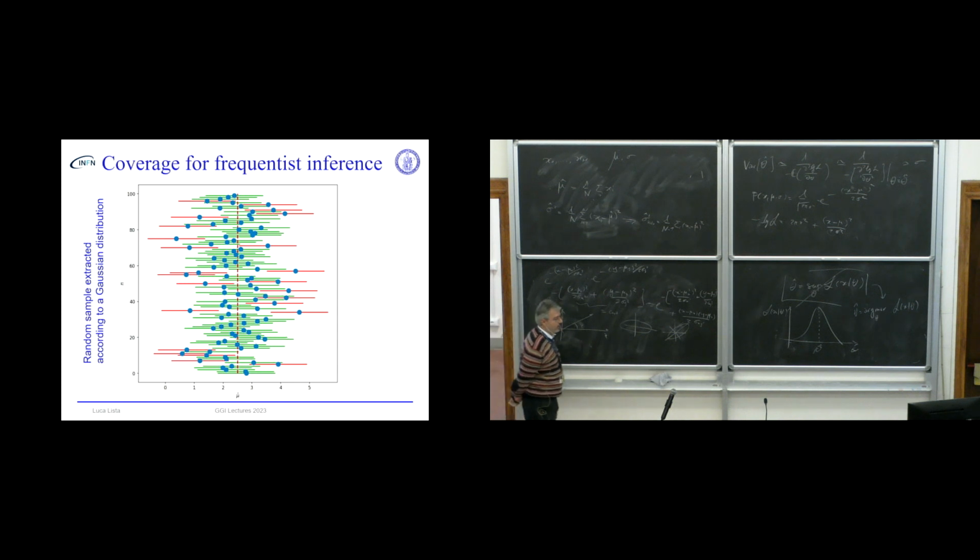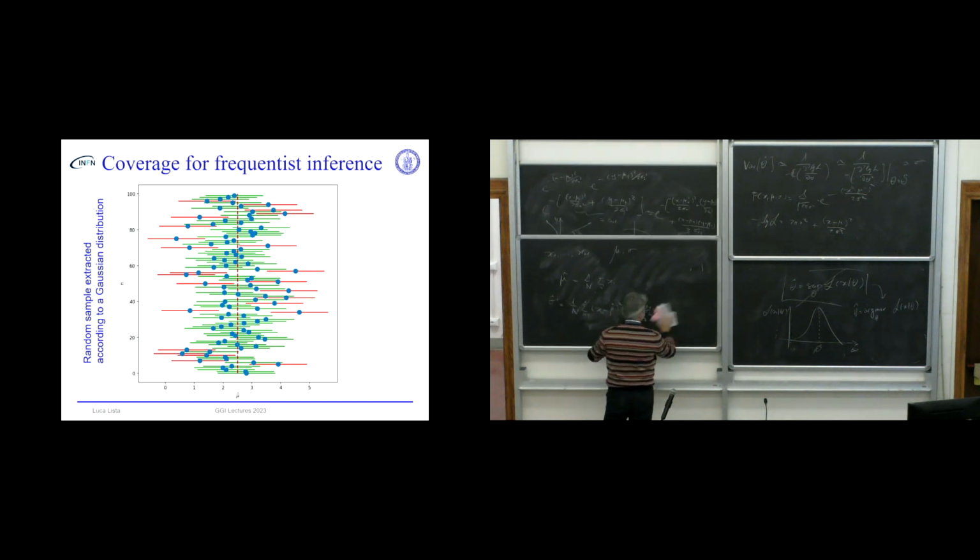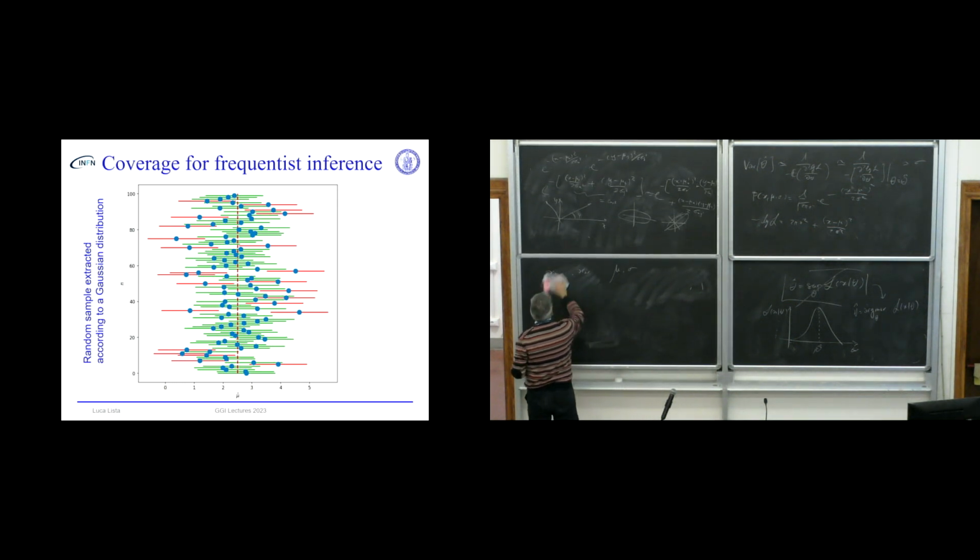Now, I don't enter into these details, but what is interesting to us is that if we have a likelihood function that is a function of more parameters, so you have a likelihood function of some observables, and then you have parameters theta 1, theta 2, okay? You can take minus 2 logarithm of the likelihood function, and you will end up in a situation where you have 2 dimensions.